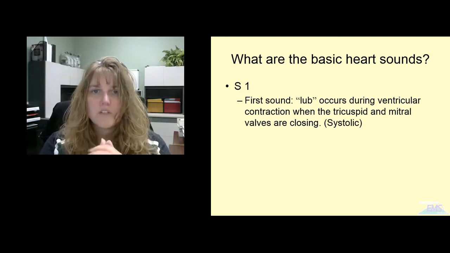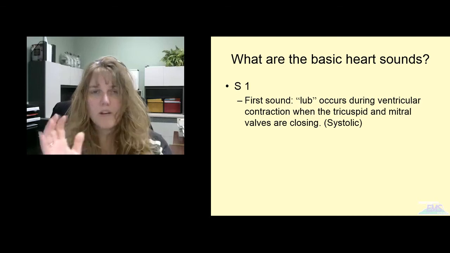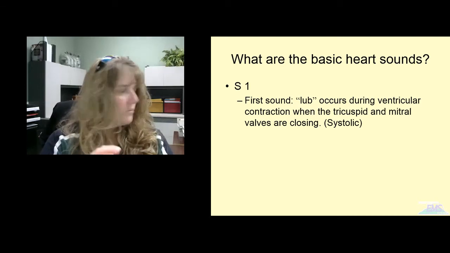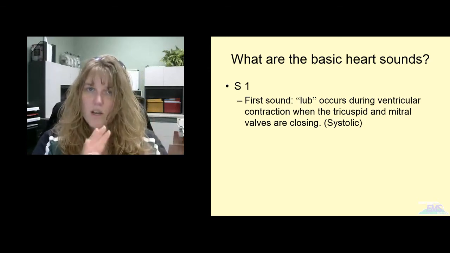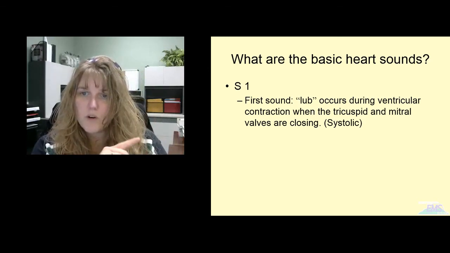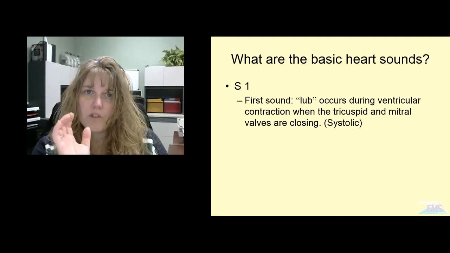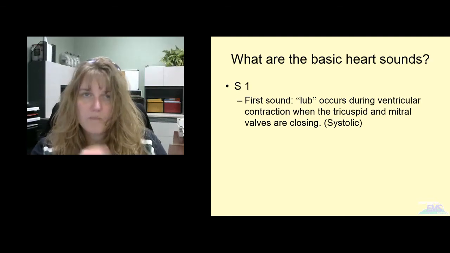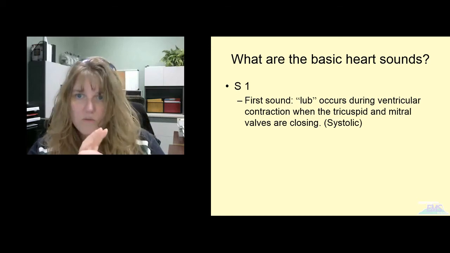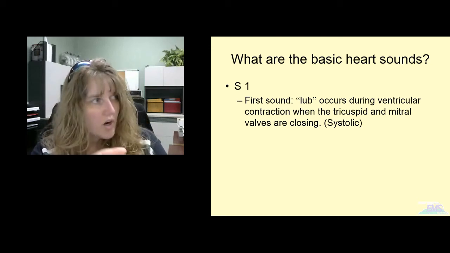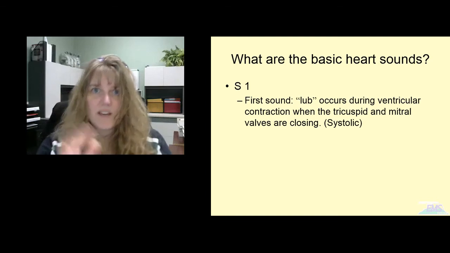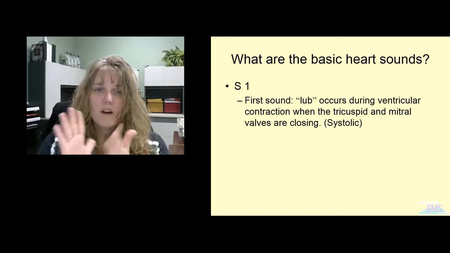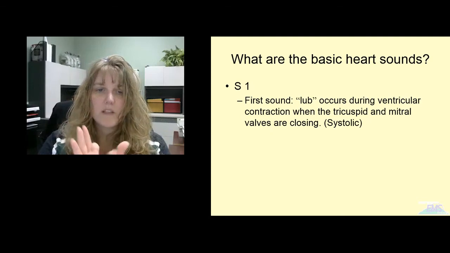So if we're sitting here in the room and we hear the door shut, we turn and look because we don't know who walked out the door, because we responded after we heard the sound. So the door shuts, the noise from the door shutting comes after, and we turn and look. So the S1, that lub sound, is what we're hearing at the closing of the tricuspid and the mitral valves.